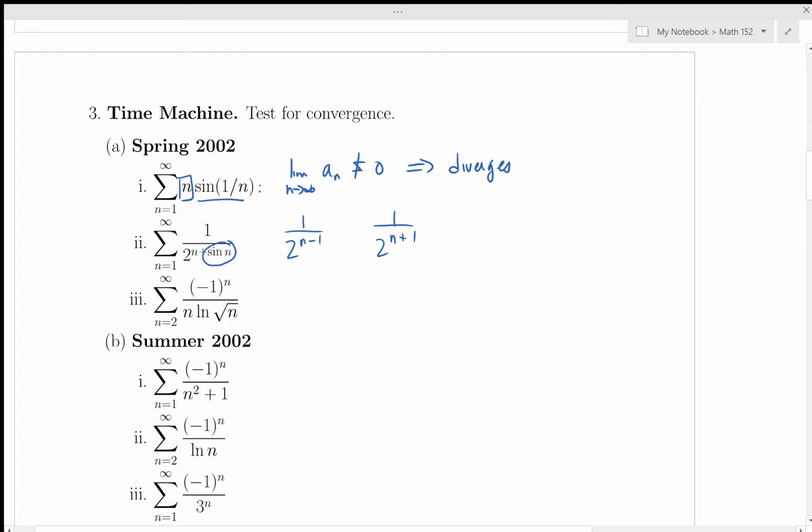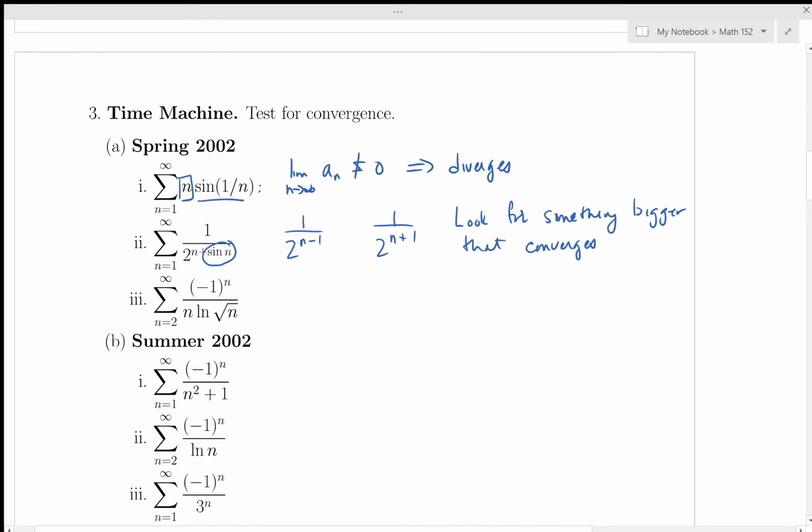Sine can go from -1 to 1. So then I think, okay, it basically looks like 1 over 2 to the n, so I expect convergence. So I get that idea into my head, and then I look for something bigger that converges, and something that's simple.